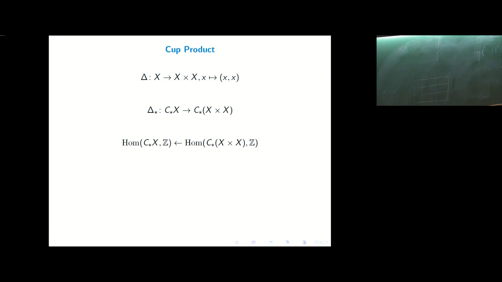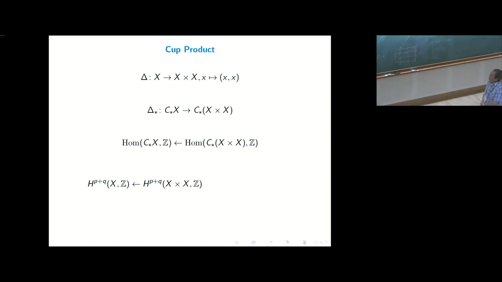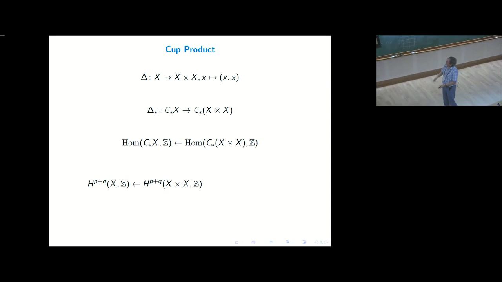Then what happens? If you apply the functor Hom into Z or Z mod 2, Hom reverses the direction of the arrow, so you actually get 2 co-chain complexes and a co-chain map going in the opposite direction. Let's take n equal to p plus q.